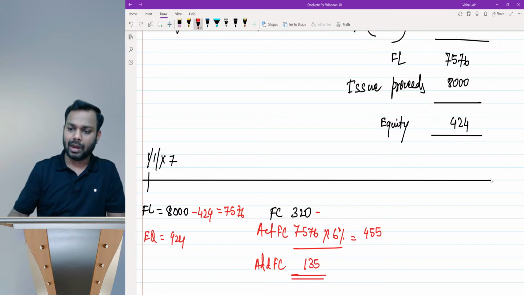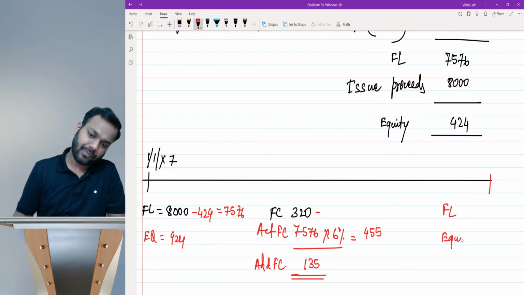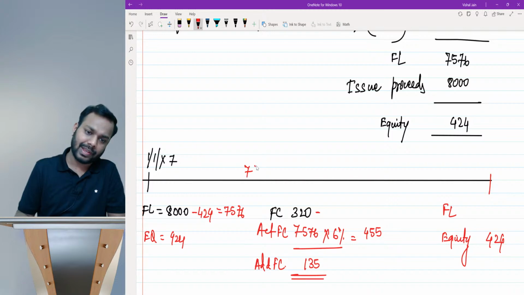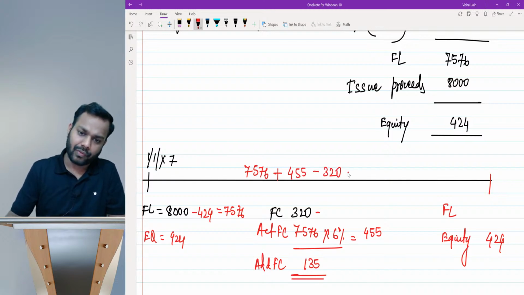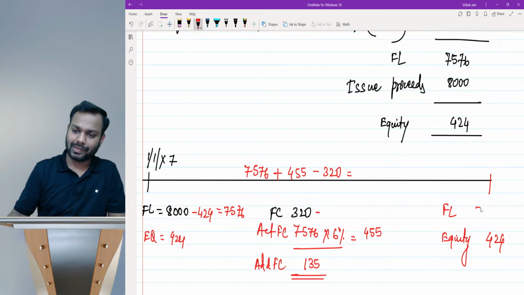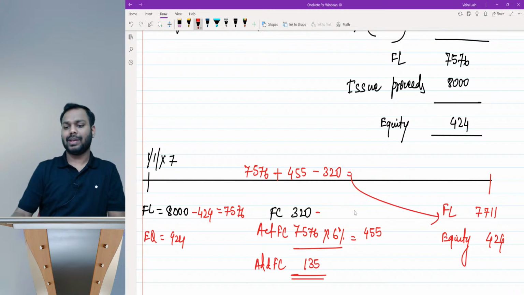And now what is the closing financial liability and closing equity? Equity will be 424 only. Financial liability will be 7576 plus finance cost of 455 minus contractual payment of 320, that is 7711.